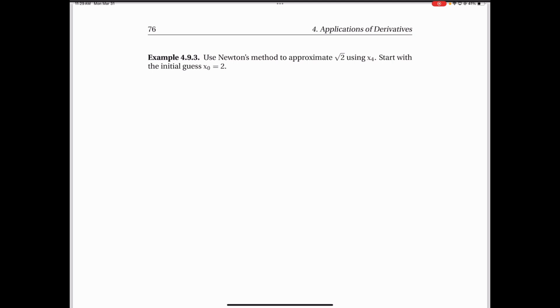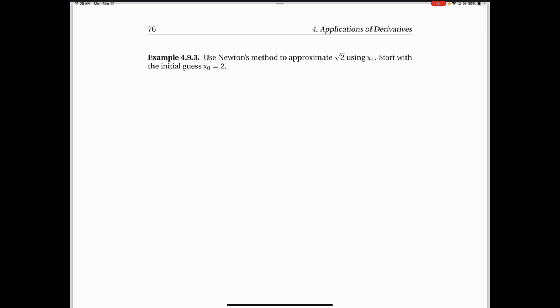Square root. Walked right into that one. Okay. This is a square root, not a polynomial root. So how can I still use Newton's method for this? How can I still use Newton's method? Yeah, Adam.